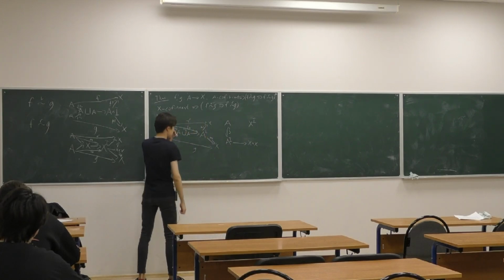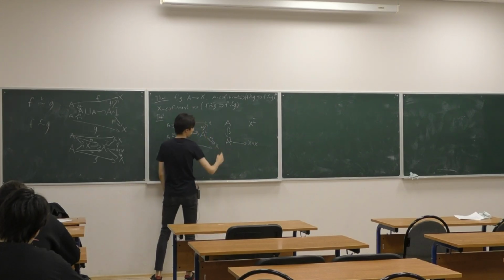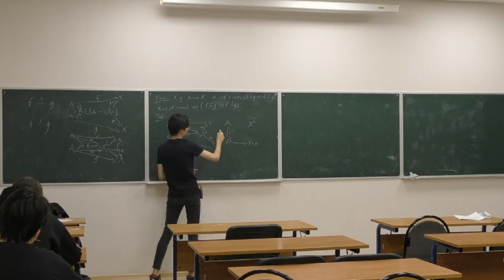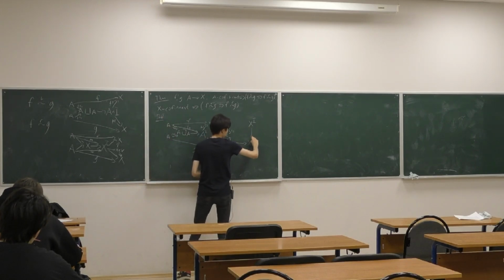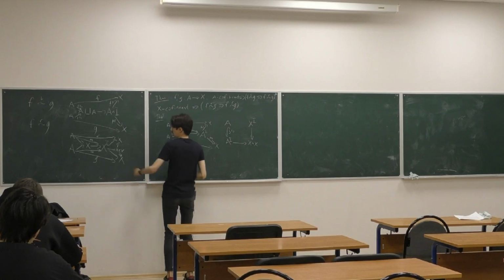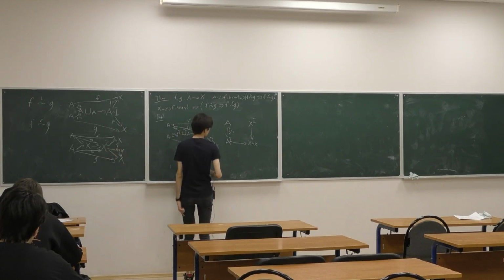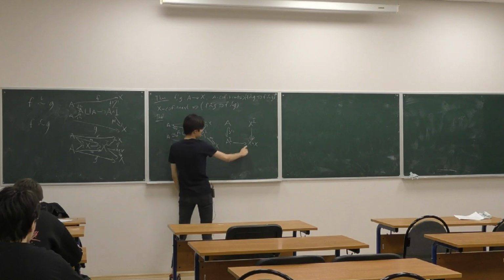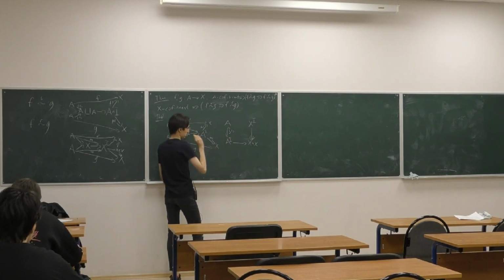So okay, what is this map? This map is A0. It's an acyclic cofibration. This map is also known. It is just a fibration. What is this map? This is the product of two maps.